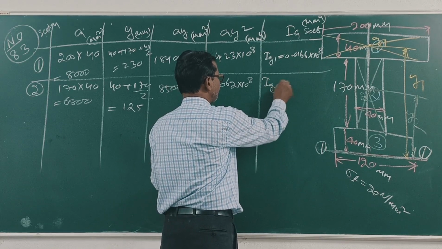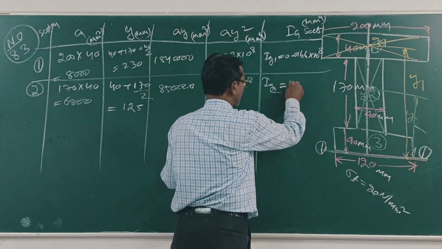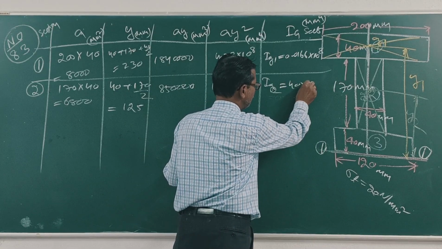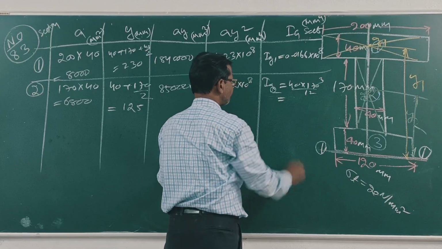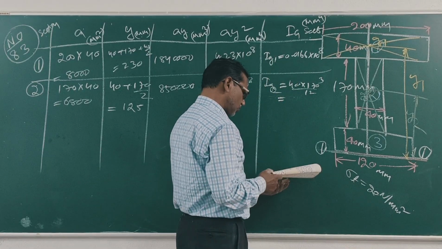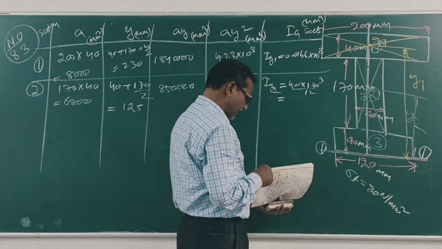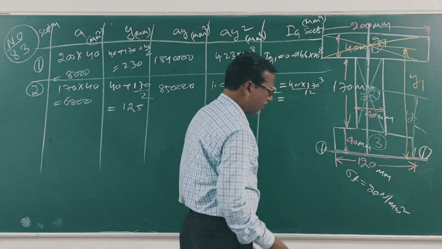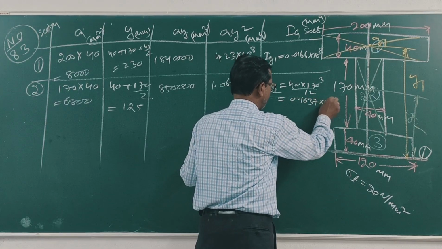Ig2 is equal to bd cube by 12, 40 into 170 cube by 12. Clear? Ig2 is equal to 0.1637 into 10 to the power 8.